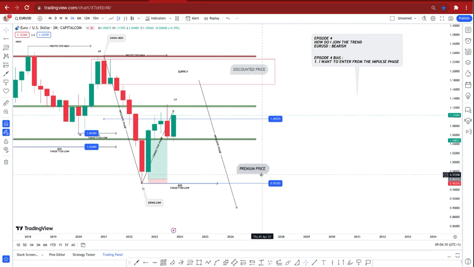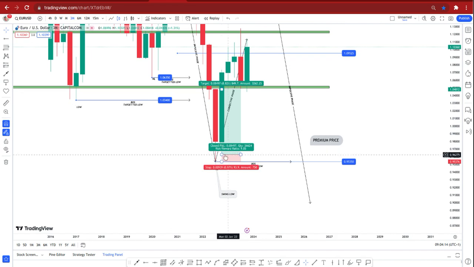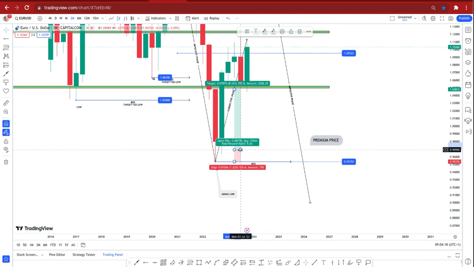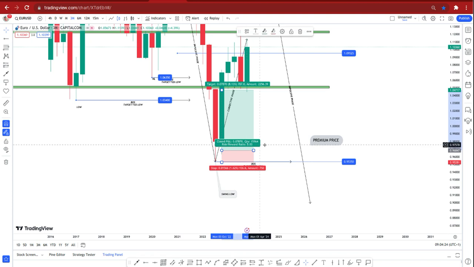Let me zoom in a little bit. Let's assume I get an entry here. I would have taken out my position before it gets to this place. I would have been taking out positions back to back. I won't leave it for a couple of days. I won't wait on it.